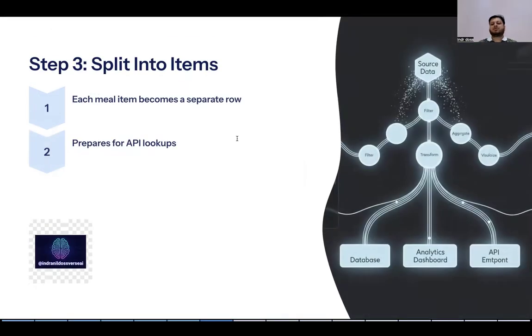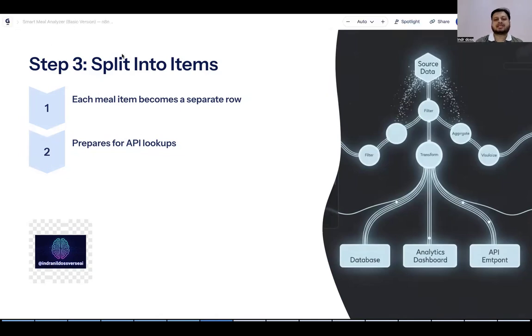So split into items means each meal item becomes a separate row, and it prepares for API lookups. API lookups go to API Ninjas, because we are using that as a third party API to actually get how many calories we are eating, or maybe some other nutrients also, like sodium, potassium, for the quantity of the food items that we have inputted.